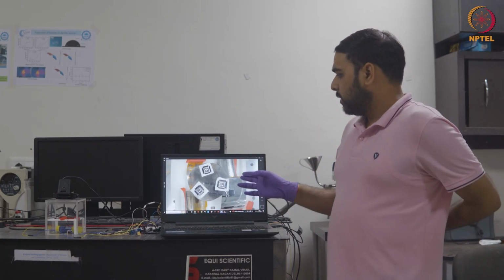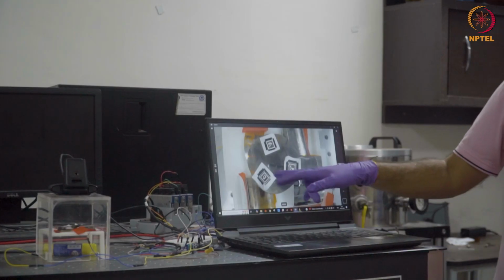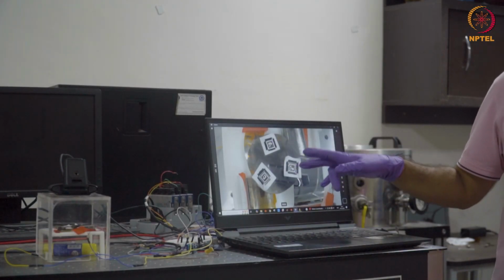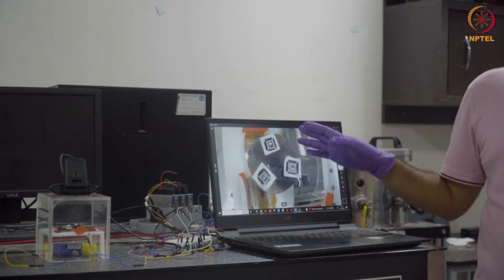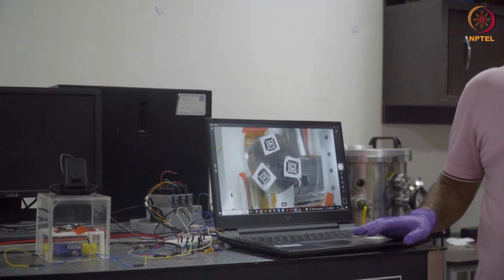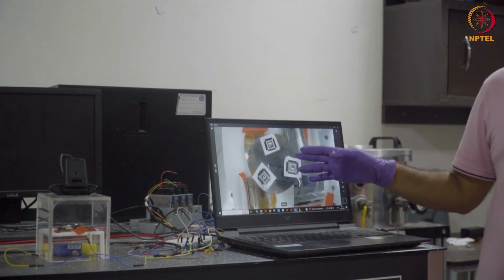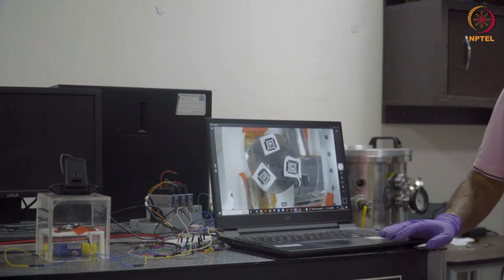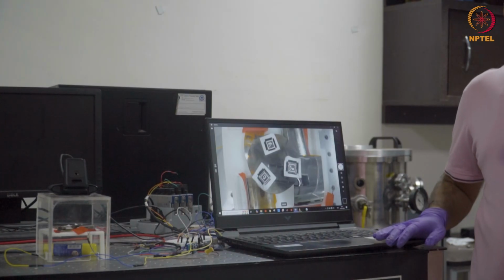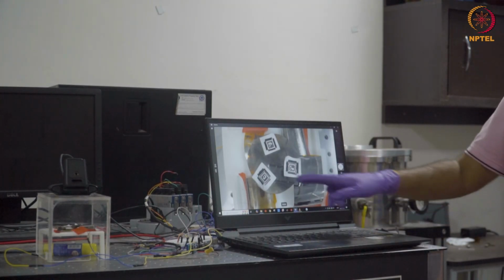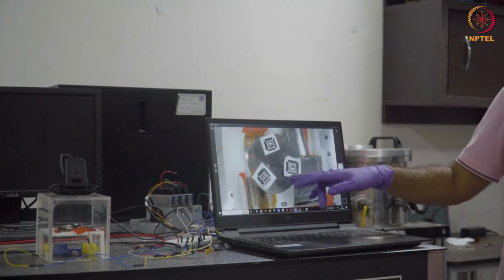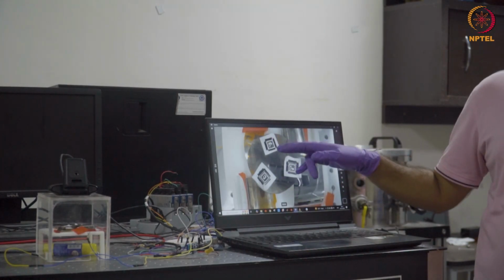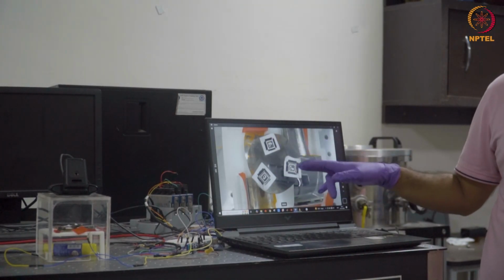So the first thing here is you can see there are ArUco markers. These ArUco markers are basically used for position detection of the mirror, so that we can accurately determine at what position or what angle our mirror currently is. For simplification, we have put 3 different ArUco markers at different positions of the mirror.